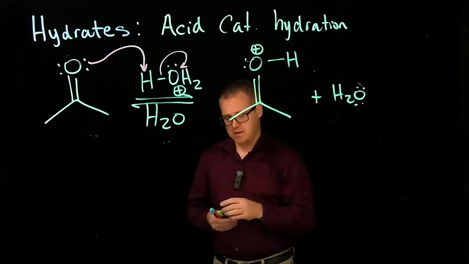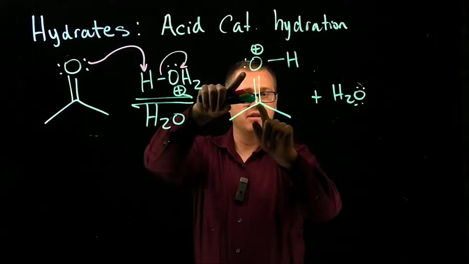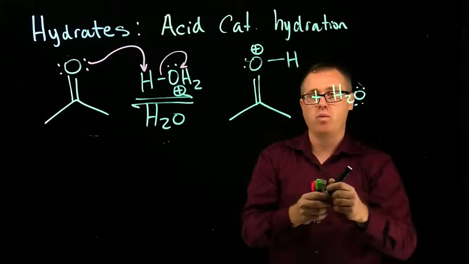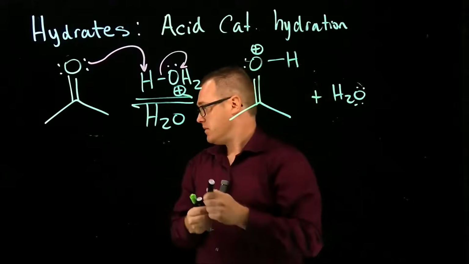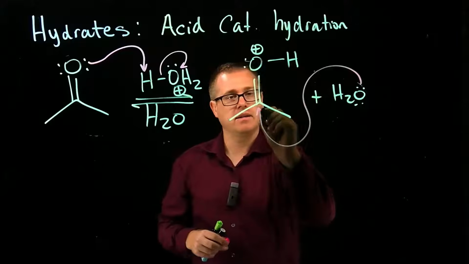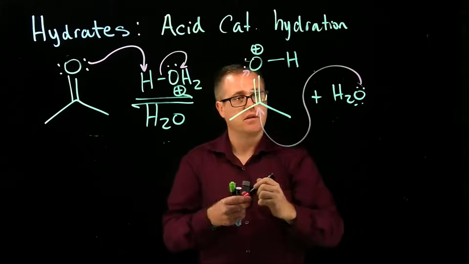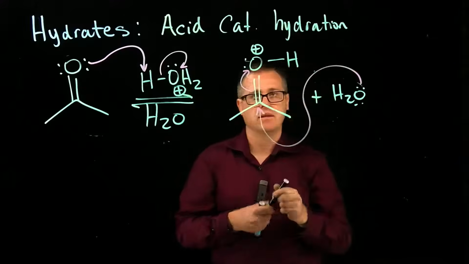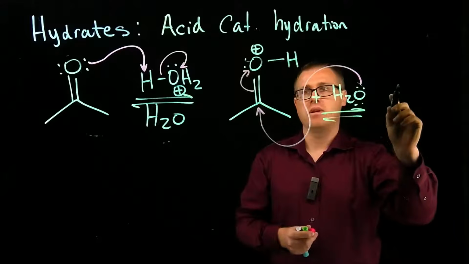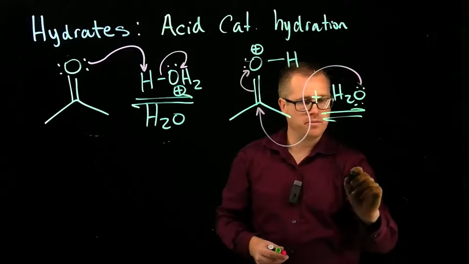Now it is positively charged there, which we previously learned now makes that carbonyl carbon more electrophilic. So now the water can come in and attack. And that process is reversible. So now what do we have here? I'm going to draw it right here so we have more room.